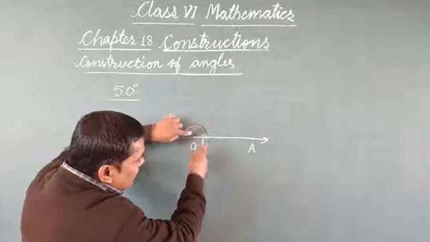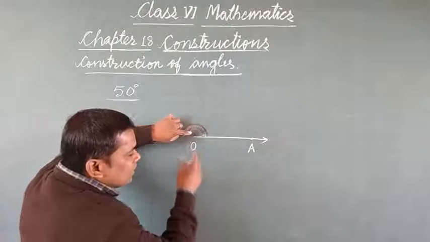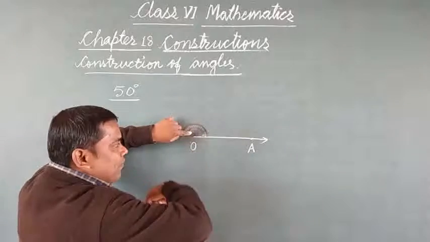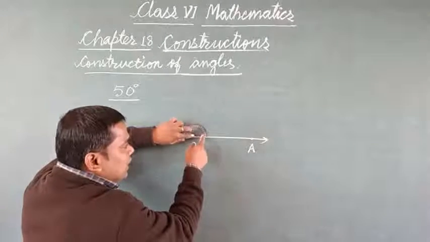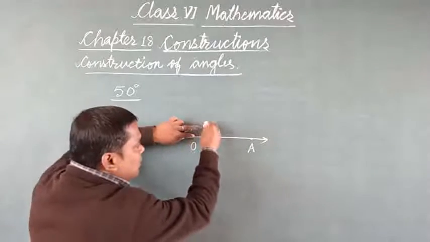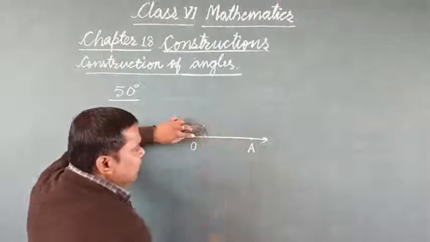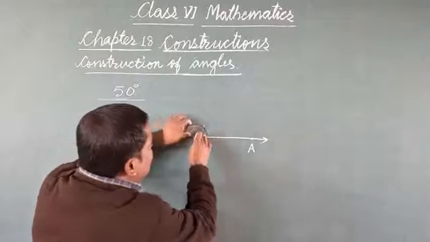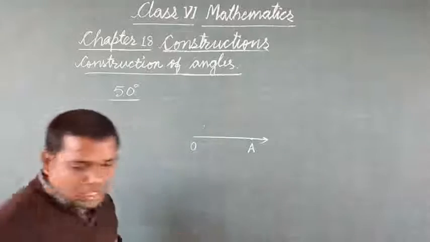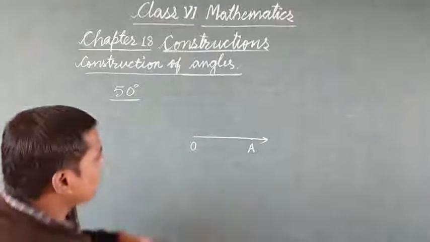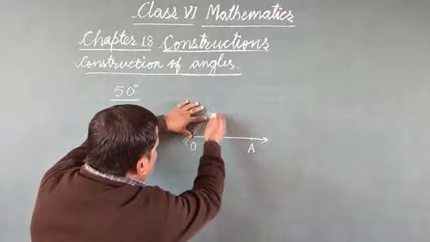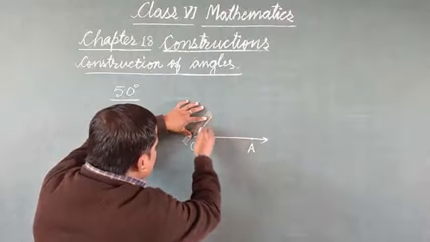Now, we will read the reading on the protractor from right to left. So 0, 10, 20, 30, 40, 50. Here is the 50 degrees. We will mark a dot at 50 degrees. Then we take the ruler, which coincides with these two points, and we draw a line segment here.